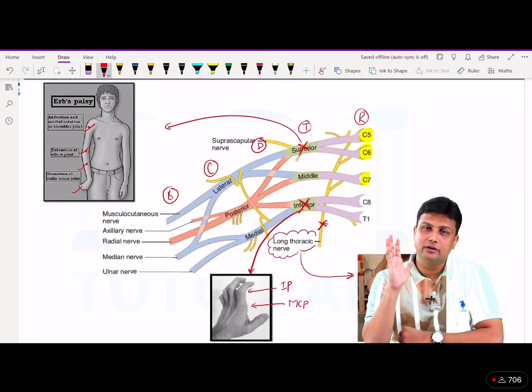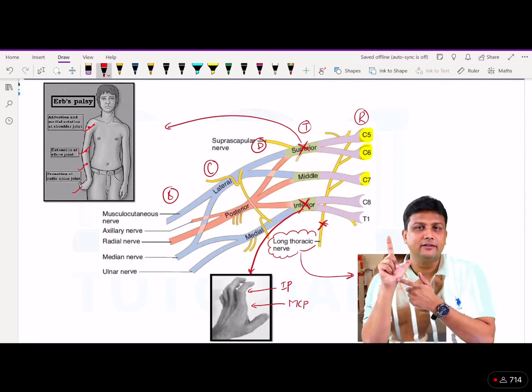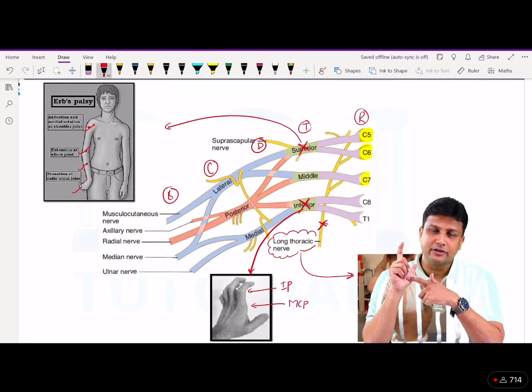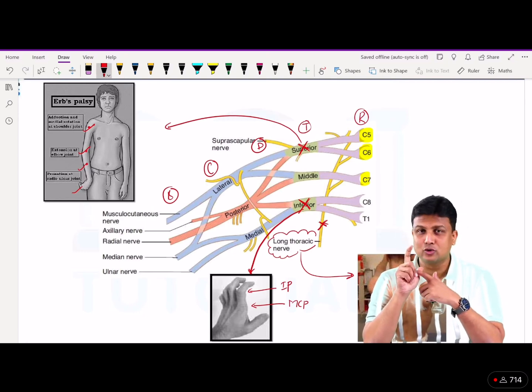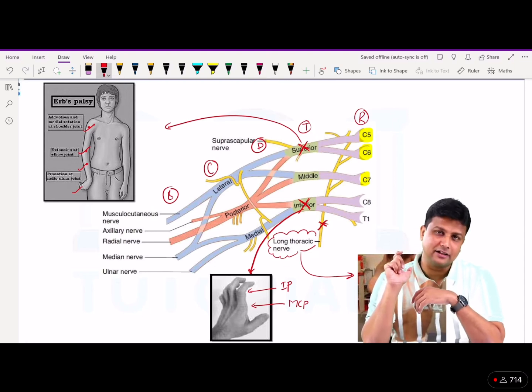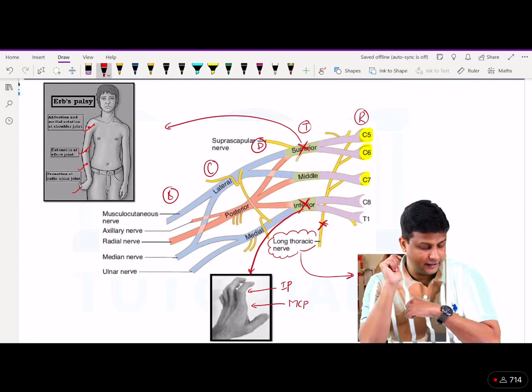This side is normal, so it will flex well, but this is not going to get flexed here because the median nerve is involved. When the median nerve is involved, muscles of the hand will be involved: the 3 thenar muscles except adductor pollicis, and the first and second lumbricals. So these are gone, so this will not be flexed here, guys. Normally the hand will be okay, but when you ask the patient to make a fist, only this side will be flexed and this will remain like this here, guys.